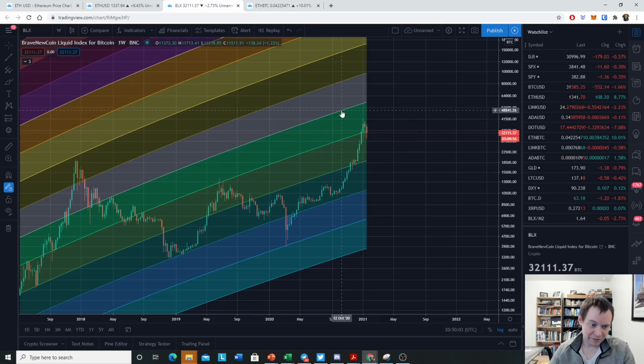So if it were to do another 3x from this peak during this market cycle, well, 42K times 3 would be 126. So that could theoretically put us at around $126,000 if Bitcoin were to do another 3x from this peak at some point later on in the cycle.